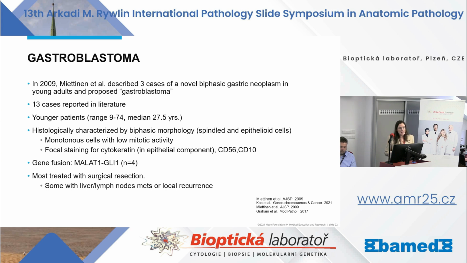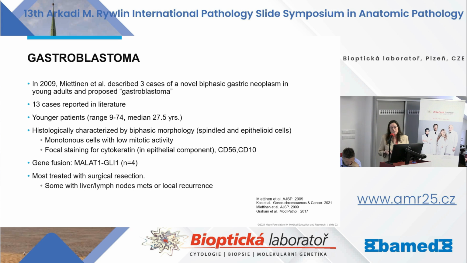Histologically, they have this biphasic morphology, with spindled and epithelioid cells. Again, a very monotonous cell population, low mitotic index, and focal staining for cytokeratin, which is typically strong in those more epithelial elements. The gastroblastomas that have been sequenced so far have shown GLI1 fusions with MALAT1.